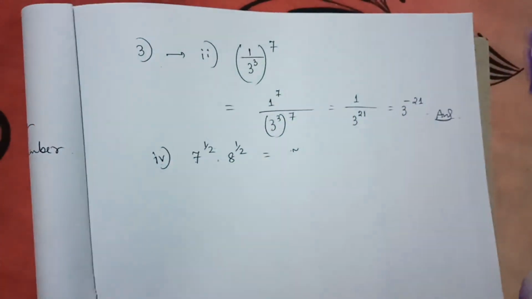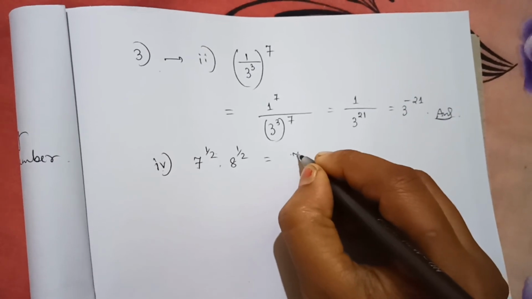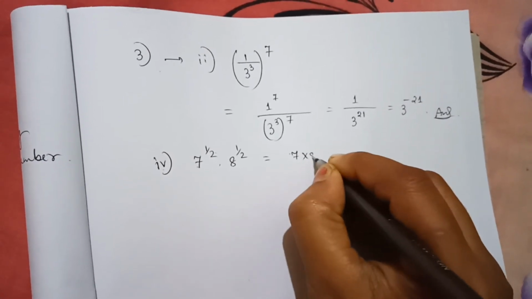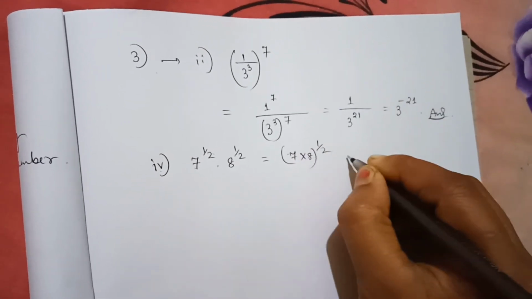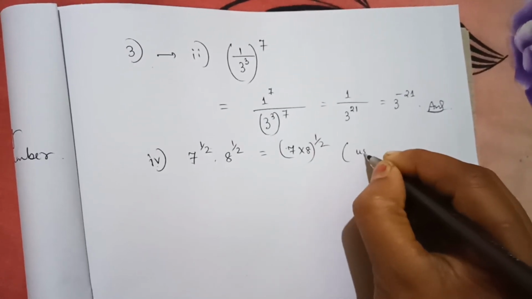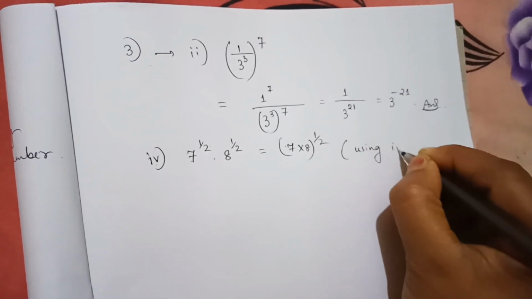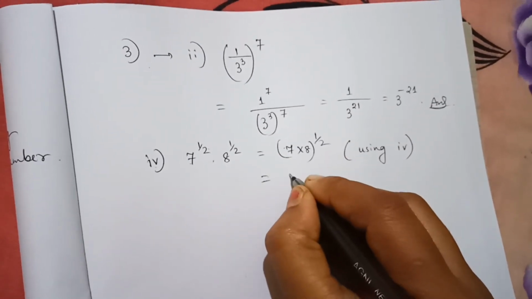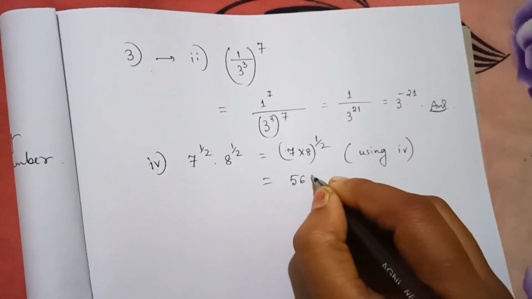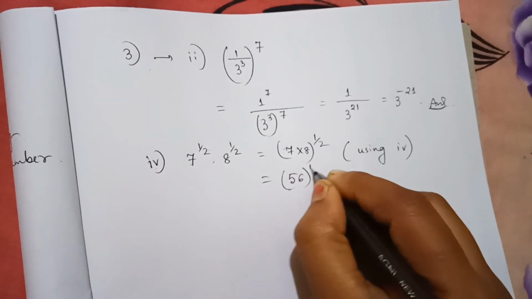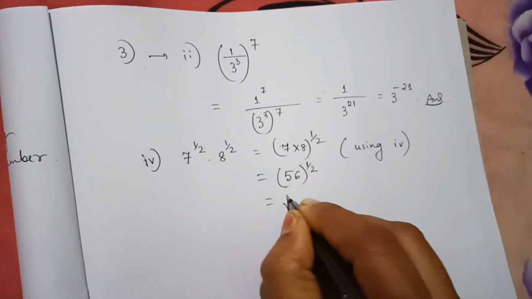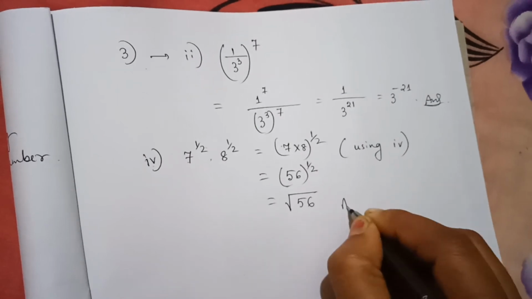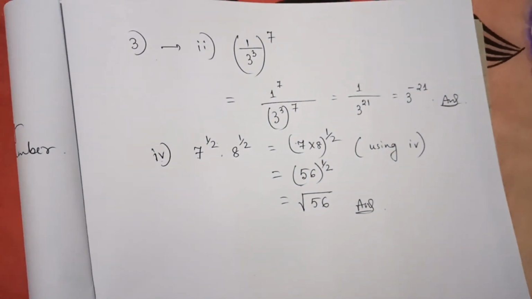So it is 7 into 8, whole to the power half, using number 4. 7 into 8 is 56, to the power half. So you can write it as root 56, and this is the answer.